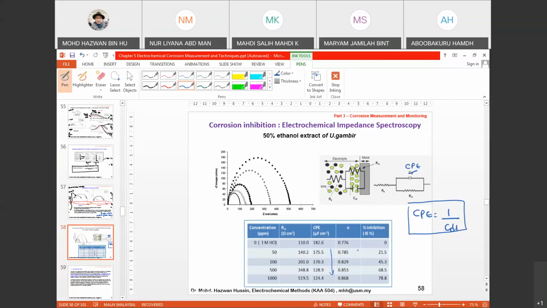It also has some explanation. If you have a high N value, that is more than 0.85, this tells you that the interaction between the inhibitor and the metal surface is greater. A higher N value also indicates a higher phase angle value.